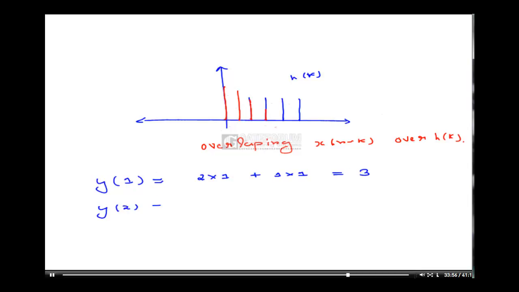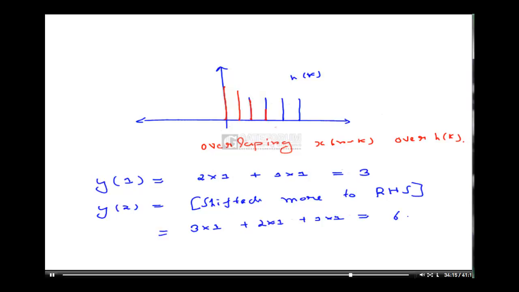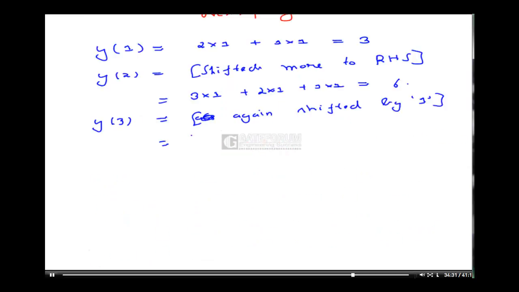Similarly, y2 will be, again shifted more to the right-hand side, 3 into 1 plus 2 into 1 plus 1 into 1, which is equal to 6. y3 is equal to, again shifted, 4 into 1 plus 3 into 1 plus 2 into 1 plus 1 into 1. This is equal to 10.